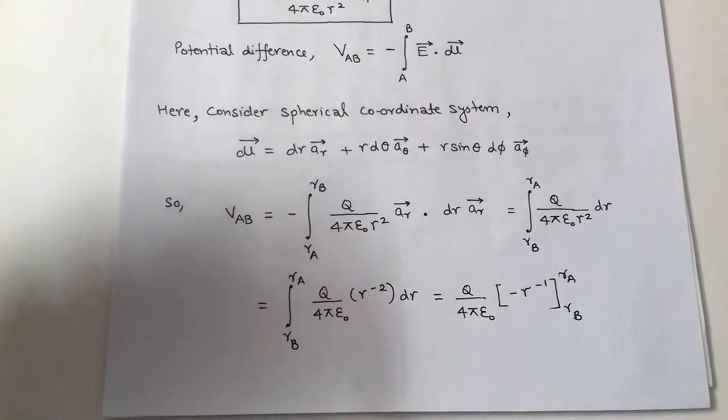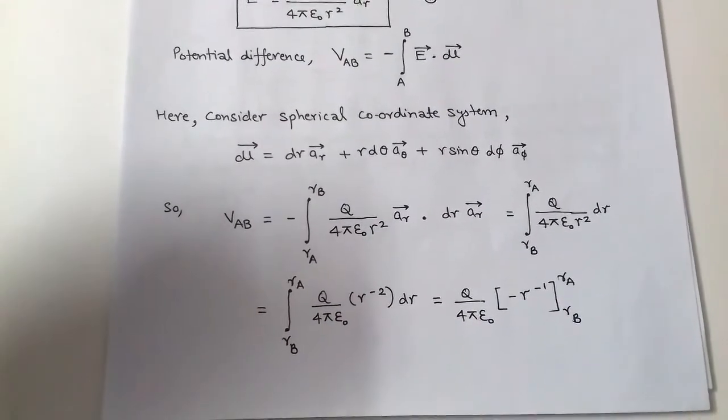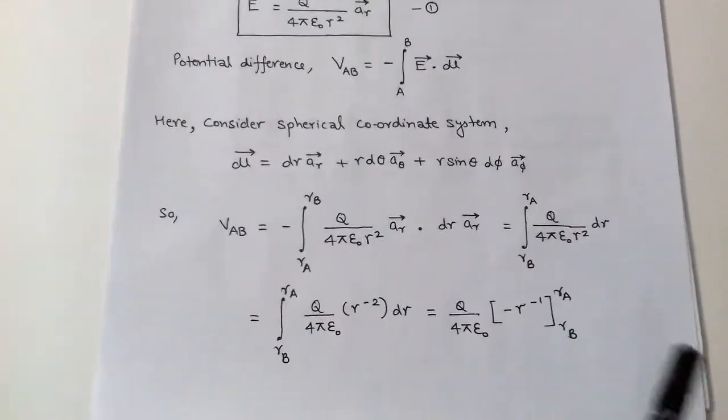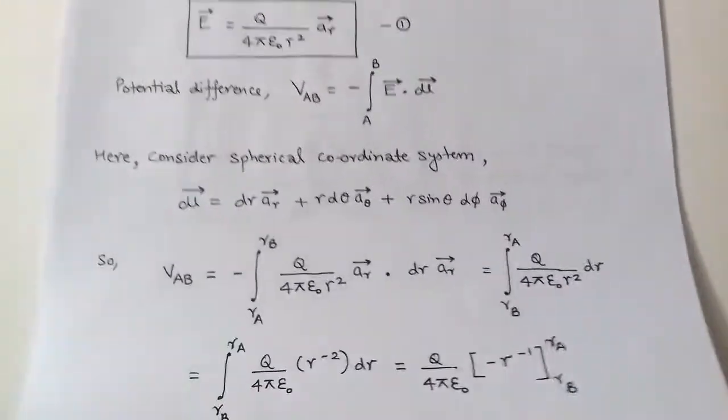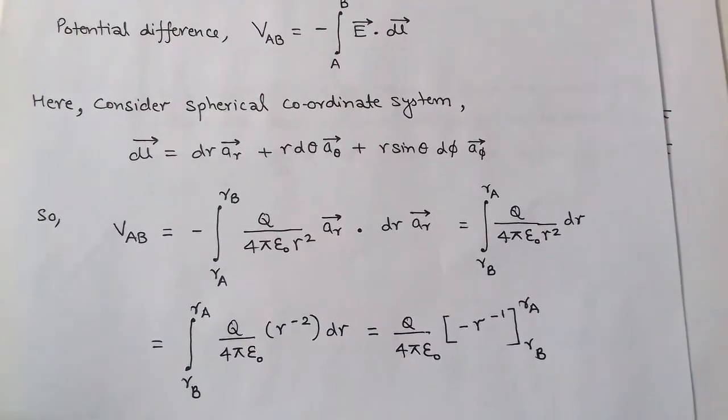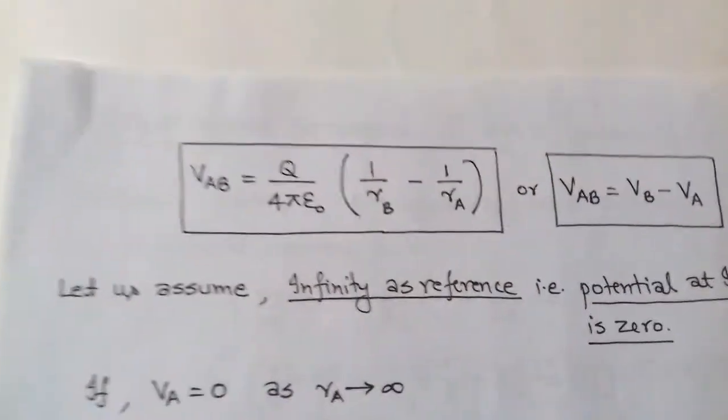So we get only the r component. After the dot product we get only dr. So we have to integrate with respect to r.